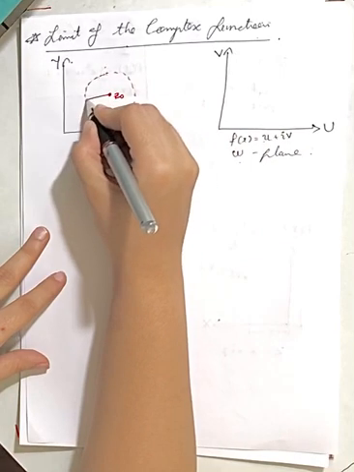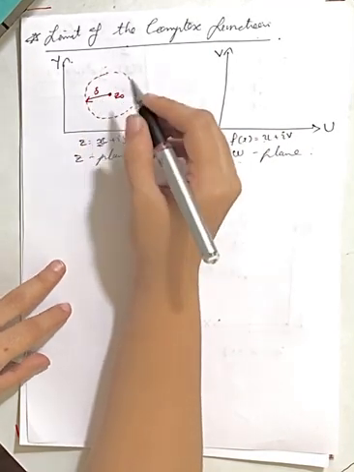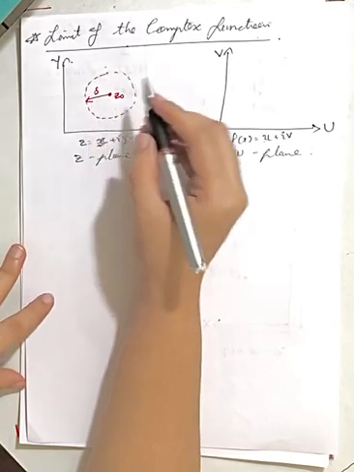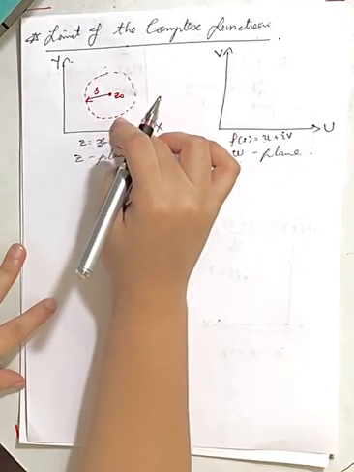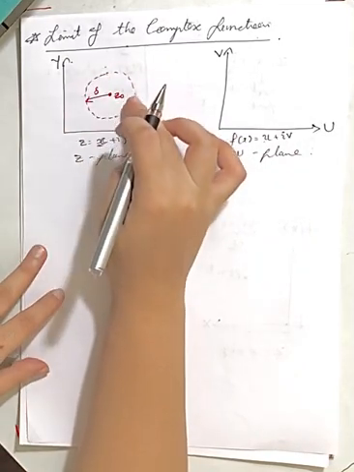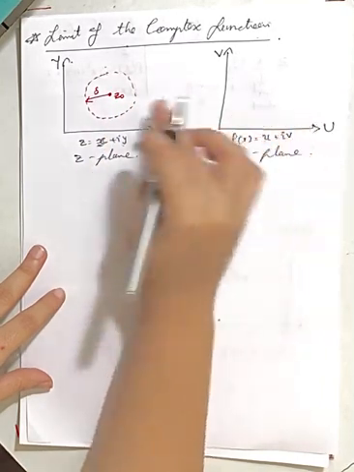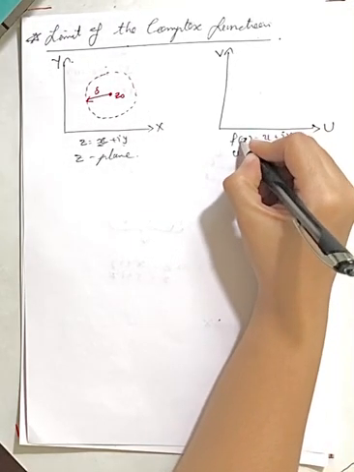The radius of this region is delta, a very small variance from the z0 point. If we define a region in the z plane, then there will be a corresponding region in the plane for f of z. Sorry, it is not f of x here, it is f of z.